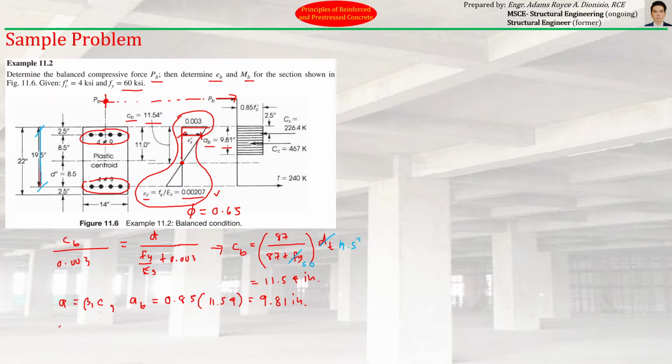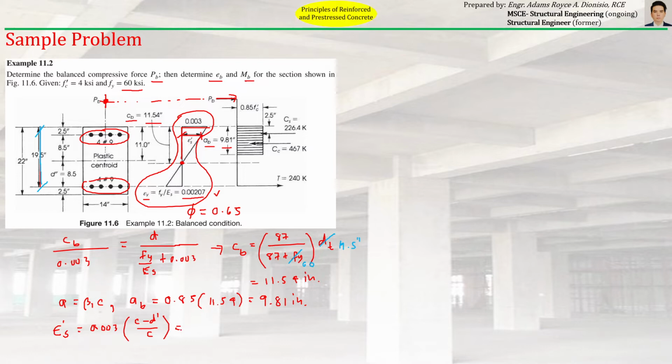Okay? So, may formula na tayo dun for strain s prime. It is just equal to 0.003 times c minus d prime over c. Yan yung general formula natin. Although in this case, since balance condition tayo, yung c natin, papalitan lang natin ng cb.